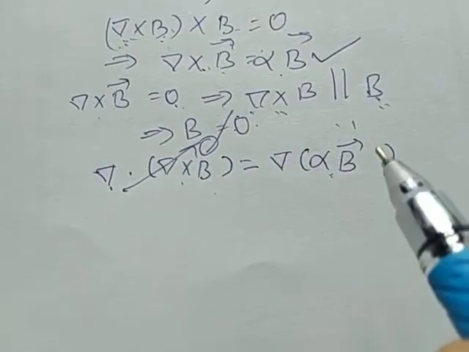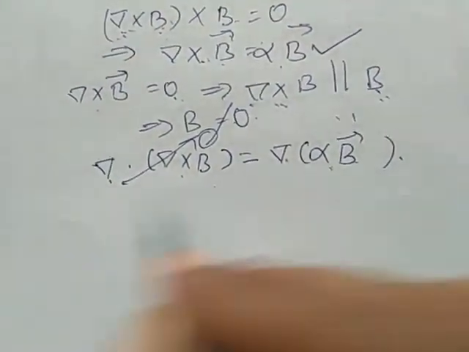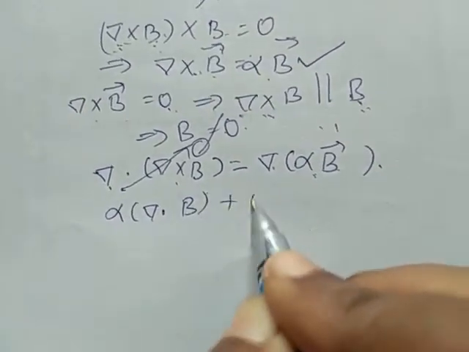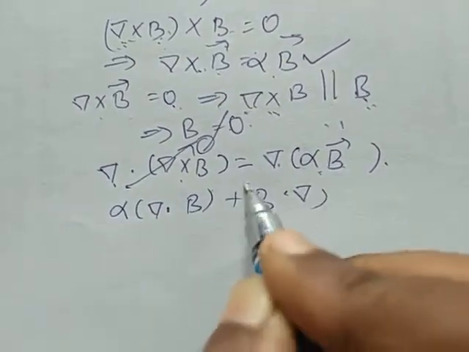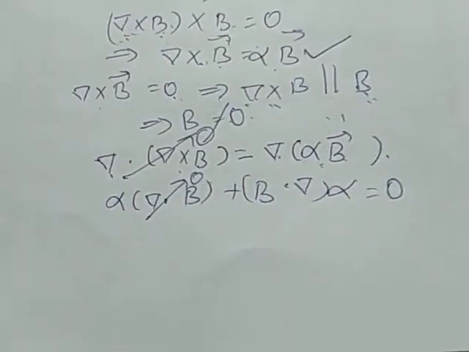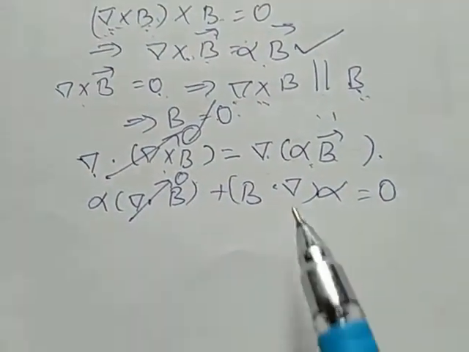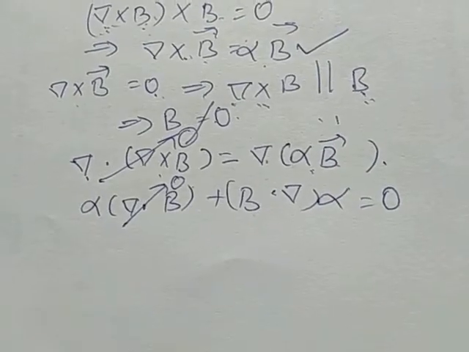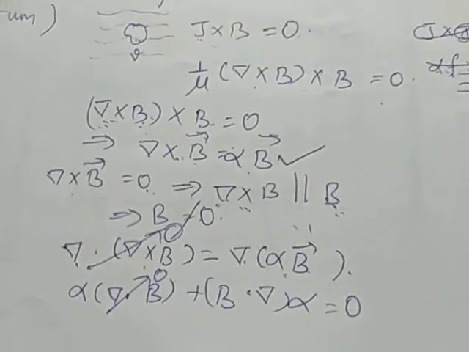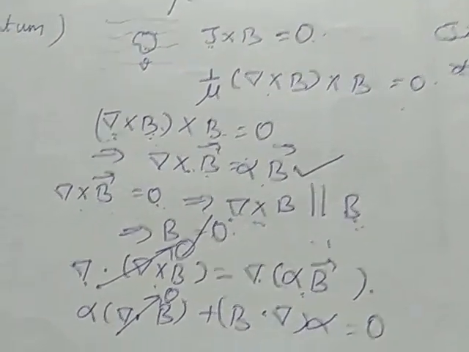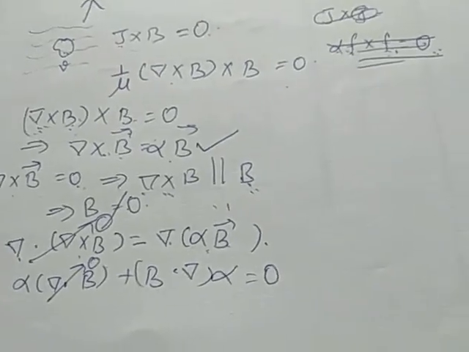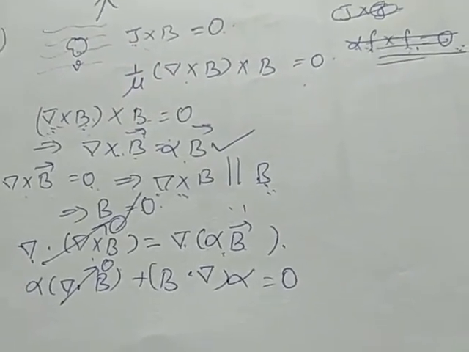From the RHS, we can write this as alpha into del dot B plus B dot del alpha equal to 0. Del dot B is 0 using the solenoidal property. Therefore, B dot del alpha is equal to 0. It means there is no variation in alpha along the magnetic field lines. Alpha is a scalar function.